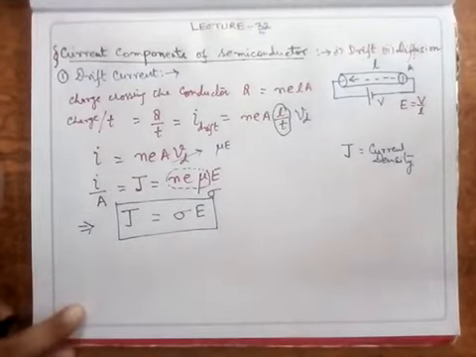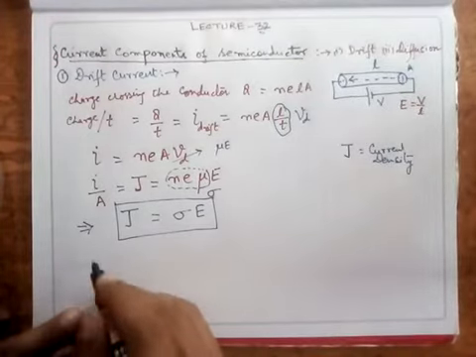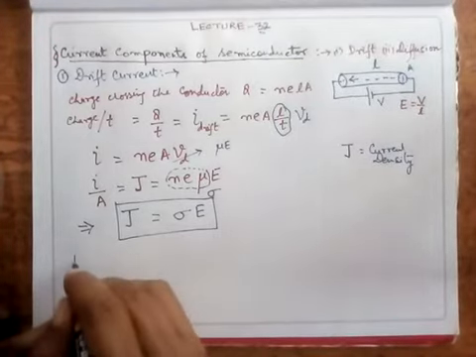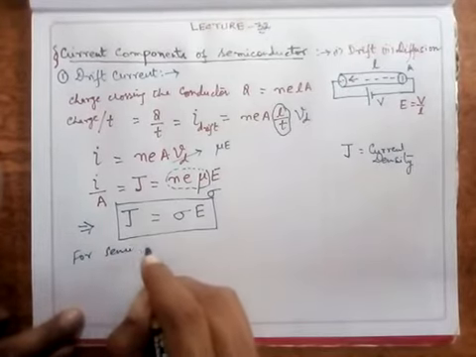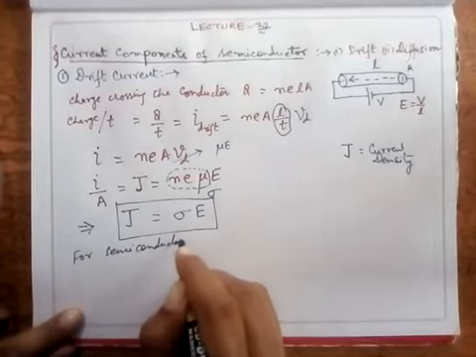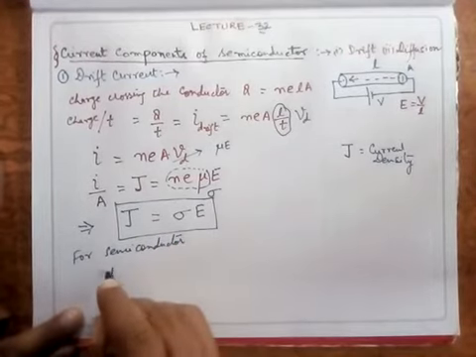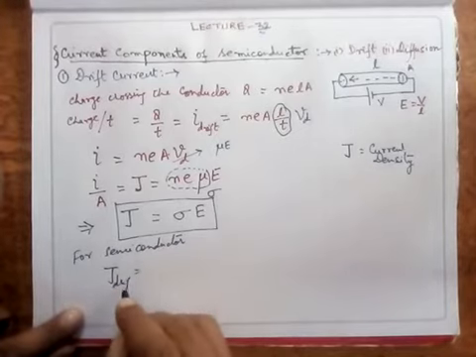Now when I talk about the semiconductor, in a semiconductor you will have electrons as well as holes. So for a semiconductor, I can say this current density is the drift current density.